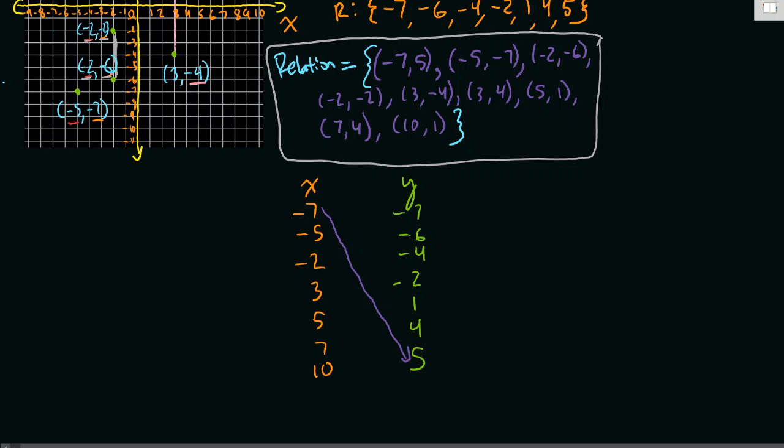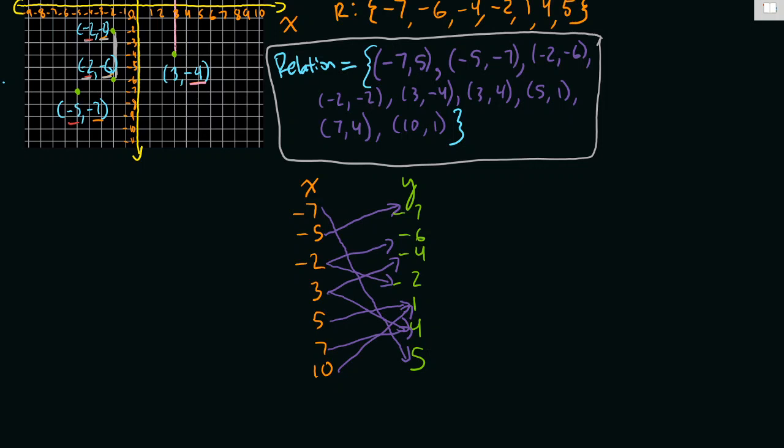So I can draw an arrow across for that mapping. -5 goes to -7. -2 goes to -6. -2 also goes to -2. 3 goes to -4. 3 goes to +4 as well. 5 goes to 1. 7 goes to 4. And 10 also goes to 1.